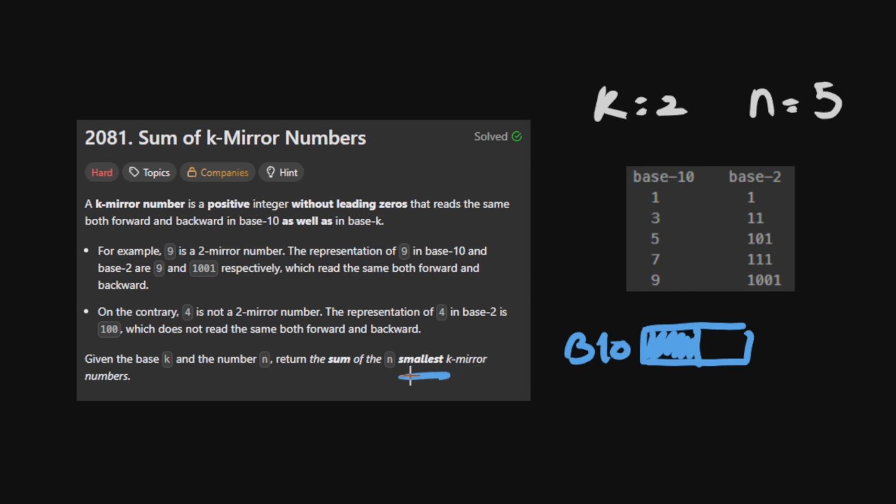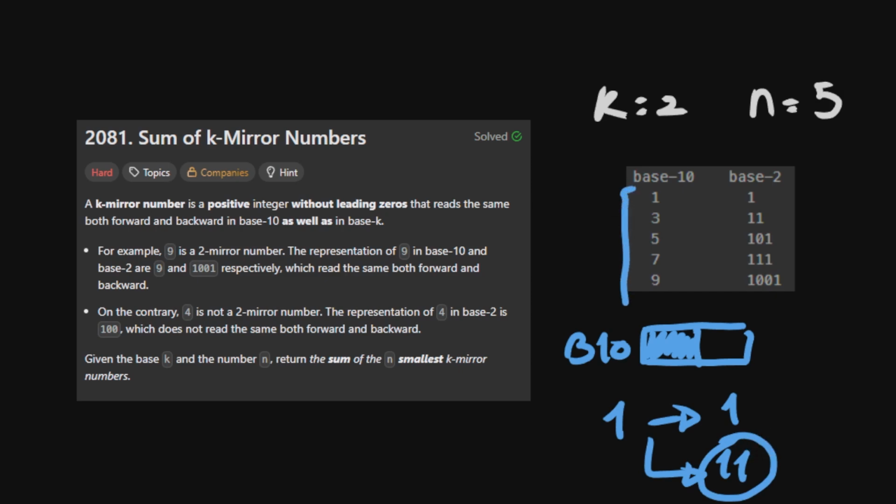Remember, we need to build everything in sorted order because we need to return the n smallest k-mirror numbers. So let's say we have a 1, and from this we can build a 1 or 11. If we take this 11, this is fine, this is valid, but first we need to take many other numbers.